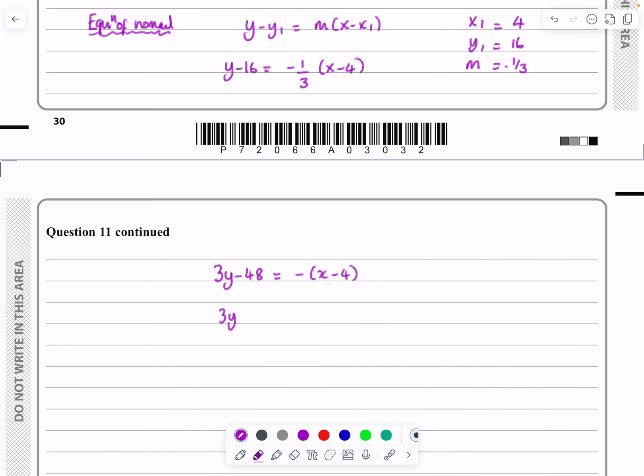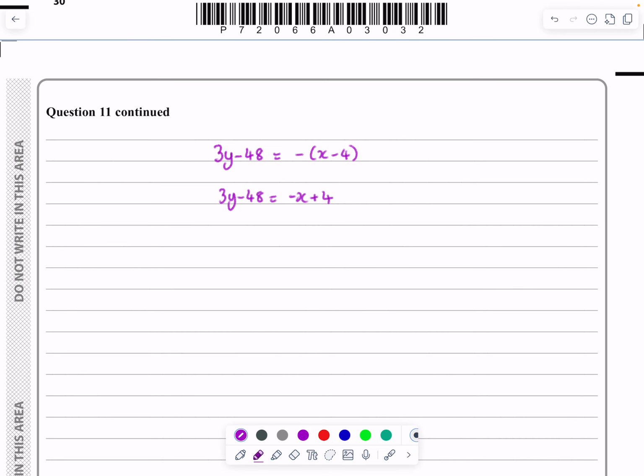So 3y minus 48 is minus x plus 4. And now normally they would say in the format y equals mx plus c, or in the format ax plus by plus c equals 0. They haven't actually mentioned that in this question. So you've got a choice. I'm going to leave mine like that. x plus 3y minus 52 is equal to 0. That's the first part done.